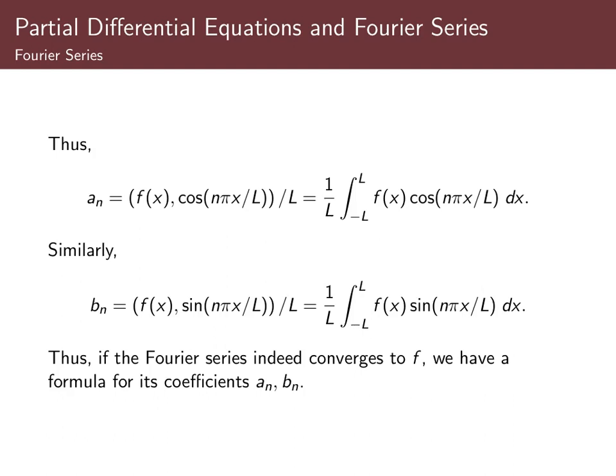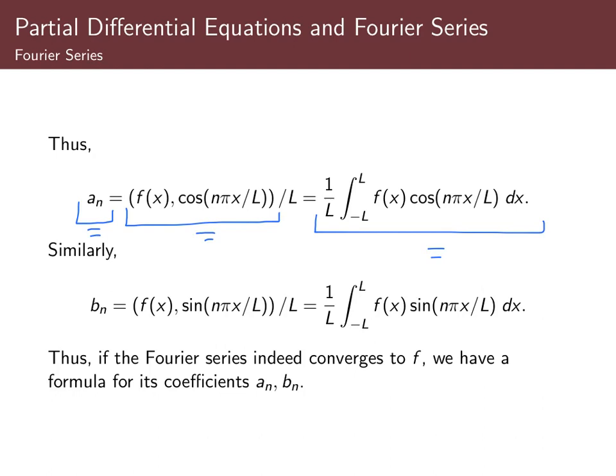And thus, if we divide both sides by L, a(n) is the inner product of f with the nth cosine Fourier basis function divided by L, which, as we expand by definition, is the integral from minus L to L of f times cosine of n pi x over L dx, divided by L.